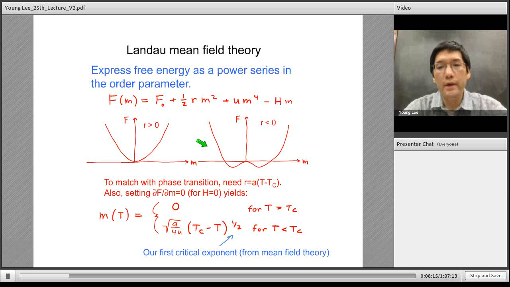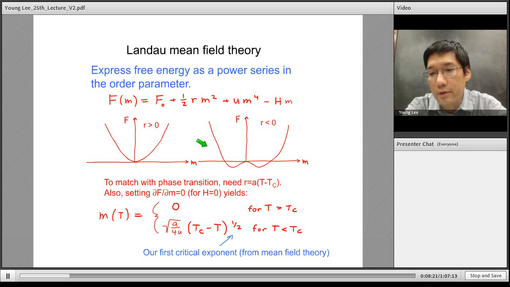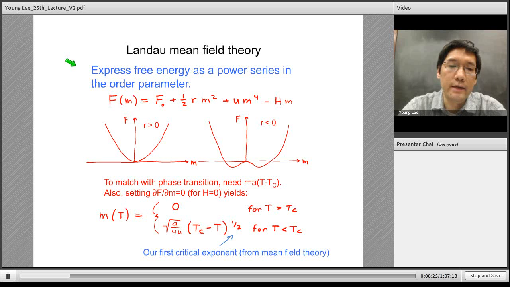Now, is there a simple way to theoretically describe these? We can use mean field theory. It's probably the simplest thing to do at first. The idea here is to write down a free energy for your system in terms of powers of your order parameter.